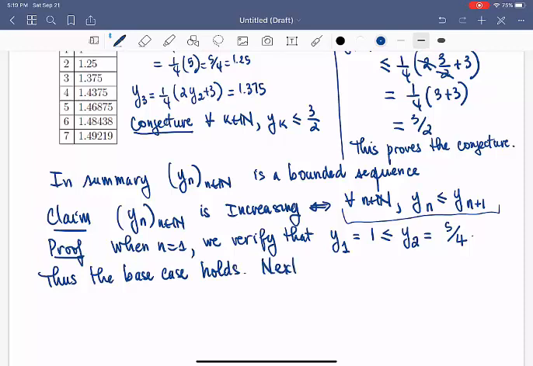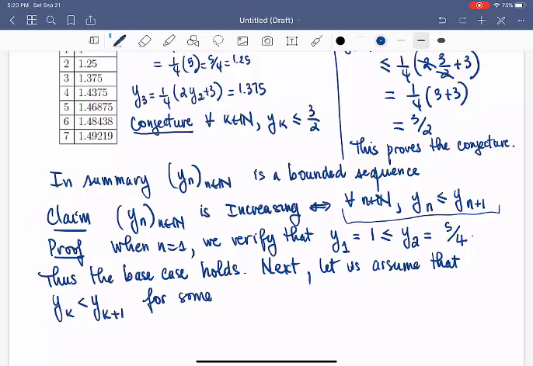Next, let us assume that y sub k is less than or equal to y sub k plus 1 for some natural number k where k is greater or equal to 1.